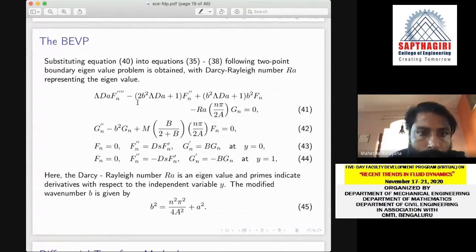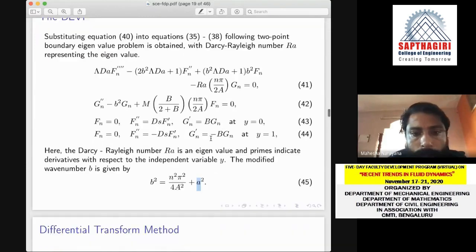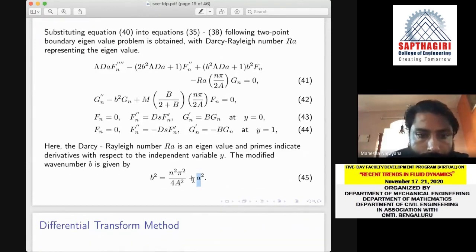And the b square which appears in these equations is the wave number. Okay, and the disturbances are considered both in the horizontal direction and the longitudinal direction, and one can also set a to 0 to make the problem simpler. Okay, a is the longitudinal wave number.